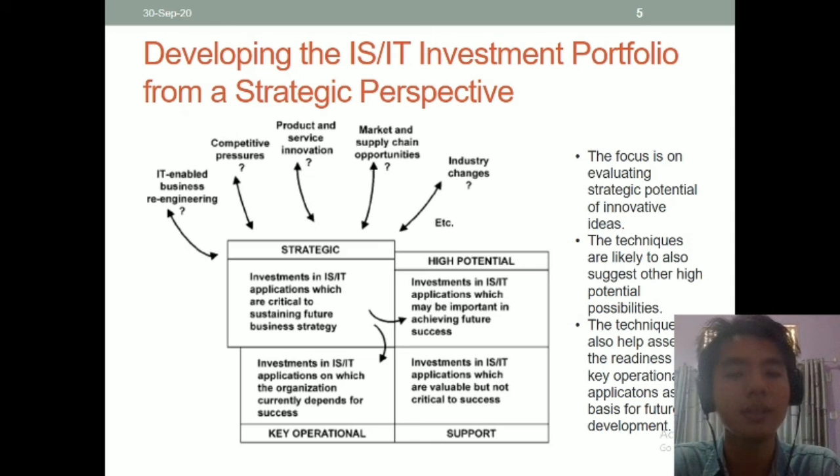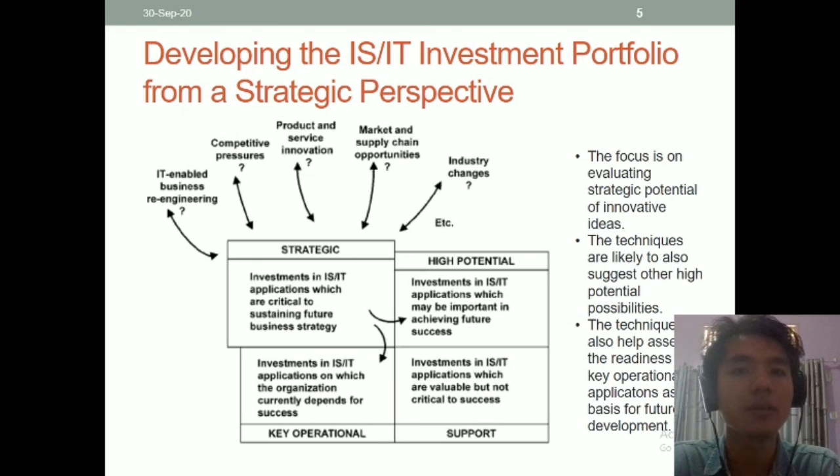If we read the table, we can assume that IT enabled business re-engineering, competitive pressures, product and service innovation, market and supply chain opportunities, industry changes, goes into strategic and goes back to their respective counterparts.